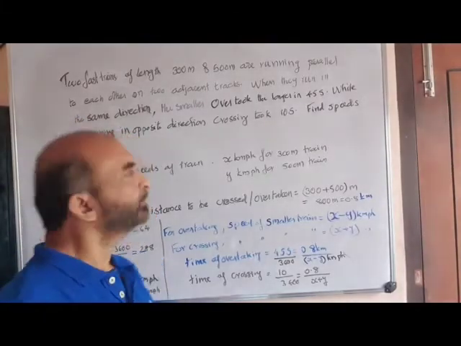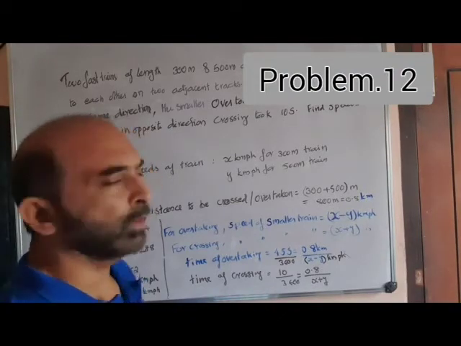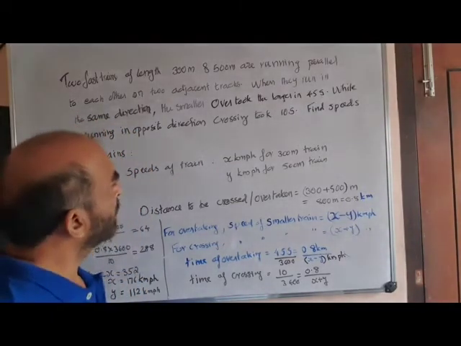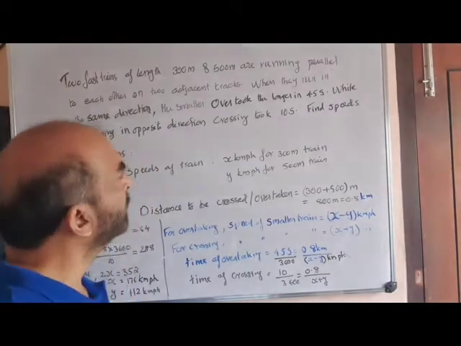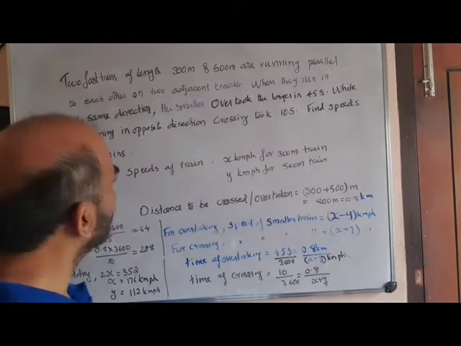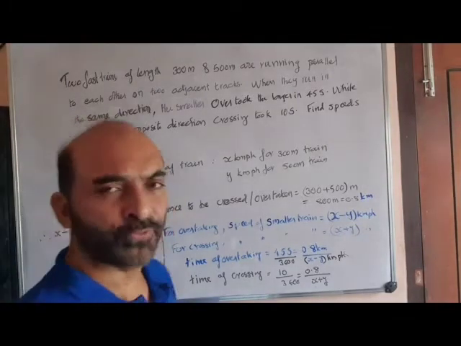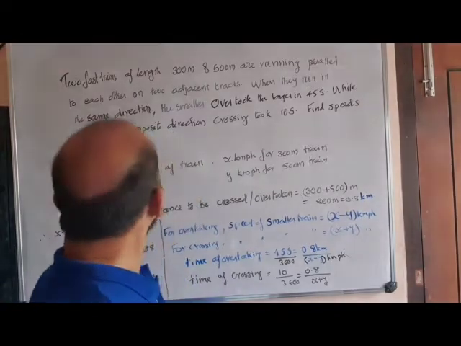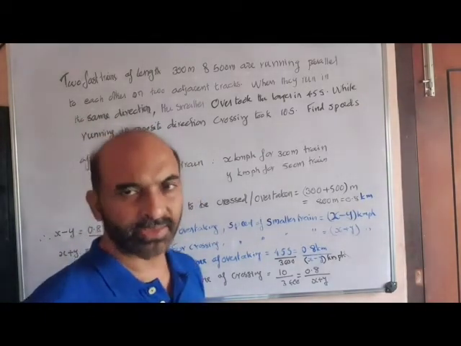Next problem. Two fast trains of length 300 meter and 500 meter are running parallel to each other on two adjacent tracks. When they run in the same direction, the smaller one overtakes the longer one in 45 seconds, while running in opposite directions, crossing takes 10 seconds.